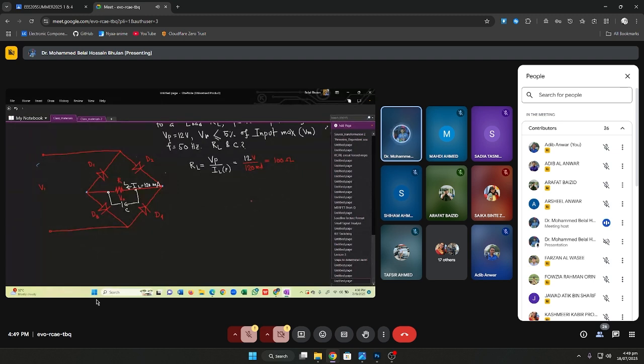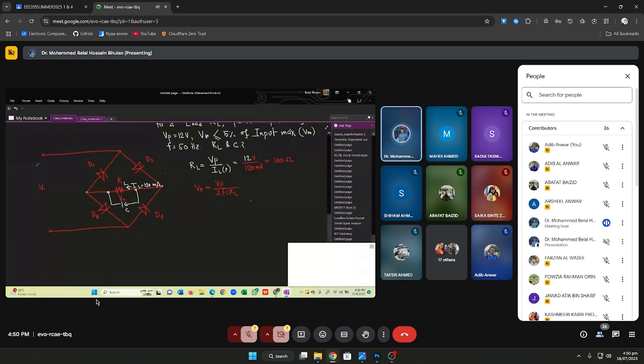One piece of information is that I know the value of the resistance. The ripple voltage, since it is a full wave bridge rectifier, involves C and RL. Okay, so this is one of the expressions I can use.